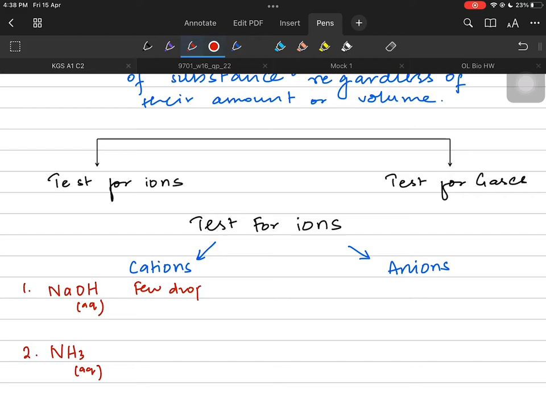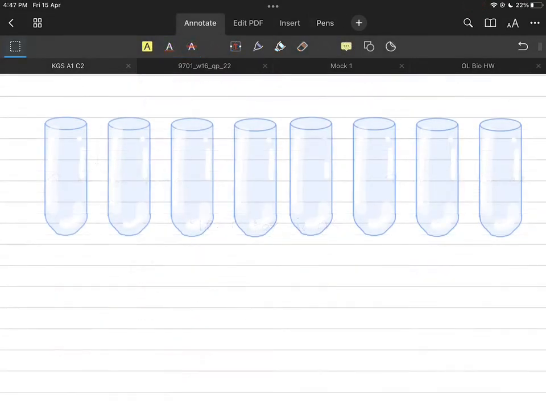In the first step, we add a few drops of aqueous sodium hydroxide followed by excess, or we could be adding a few drops of aqueous ammonia followed by the excess. Anions are variable in nature, so we have a different set of tests for each anion.